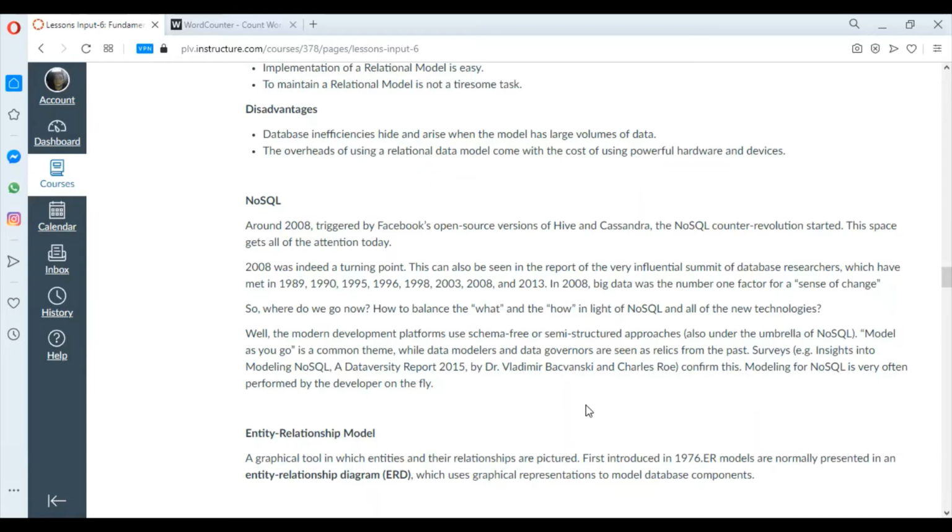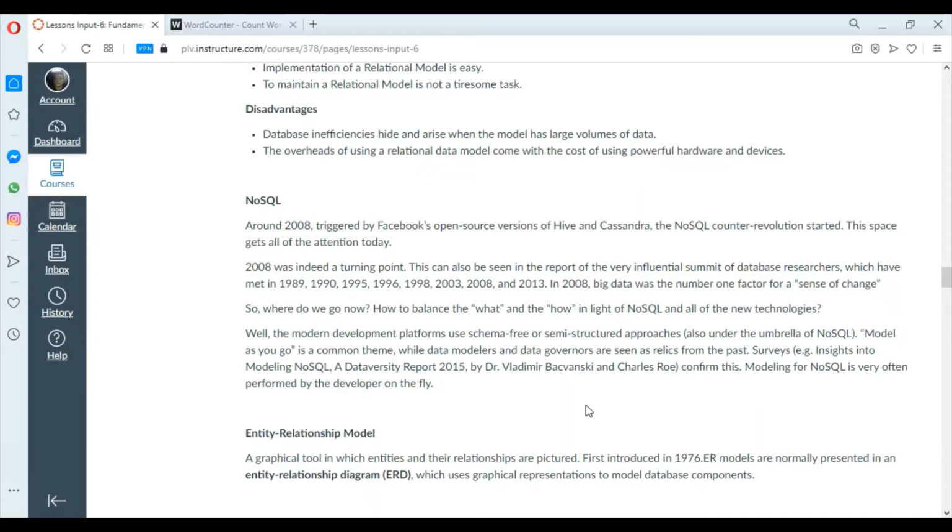So basically, NoSQL uses a schema-free or semi-structured approach. Unlike a relational database wherein the data are arranged in a particular order or set based on the column, NoSQL does not need to do that.